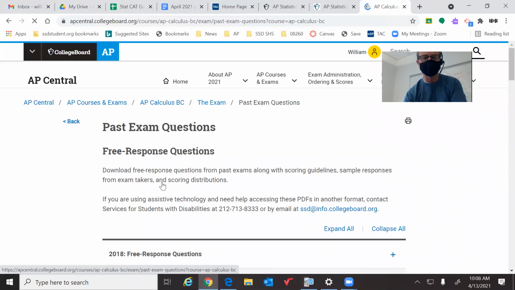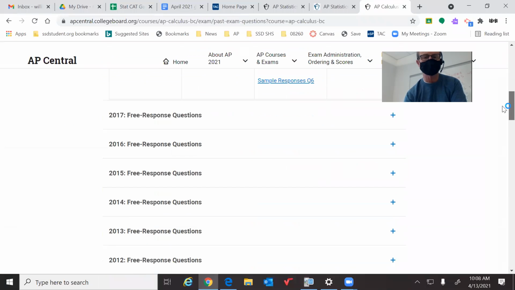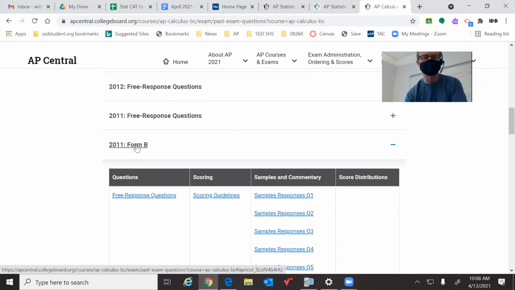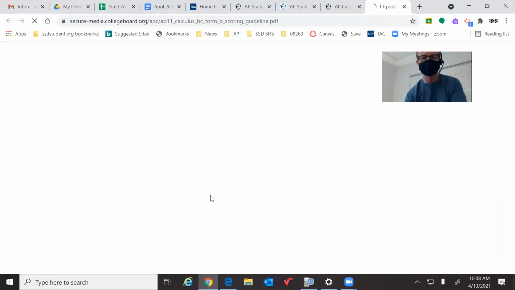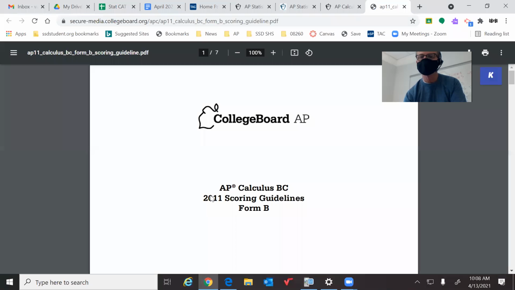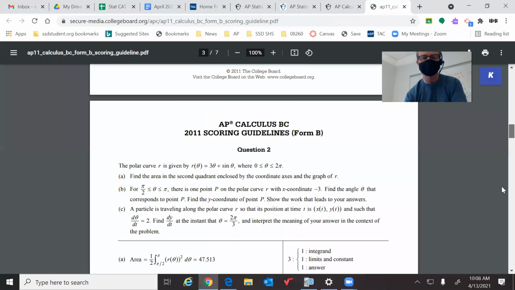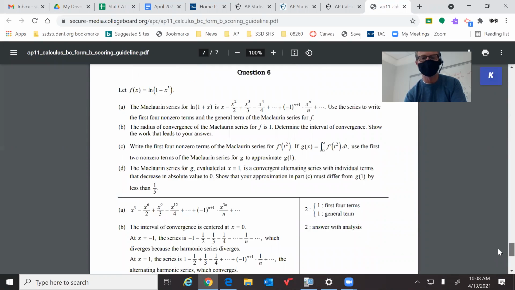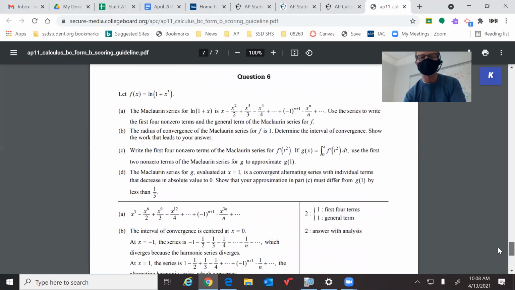We don't need to solve the whole question. We just need to look at what they're going to expect you to do. 2011B, question 6 will be from chapter 9. And it tells you this.